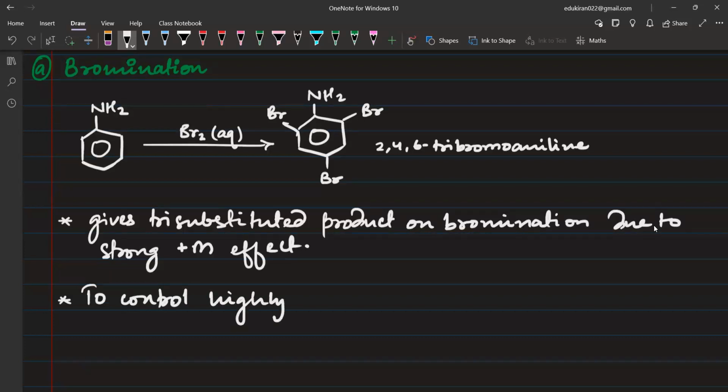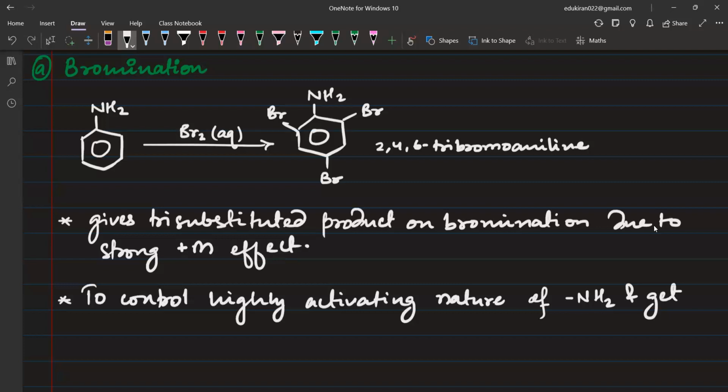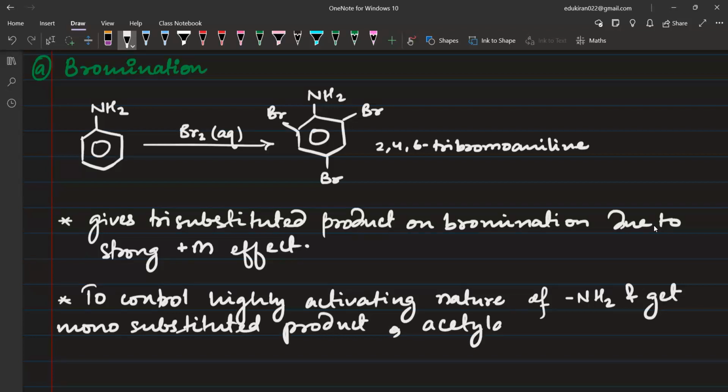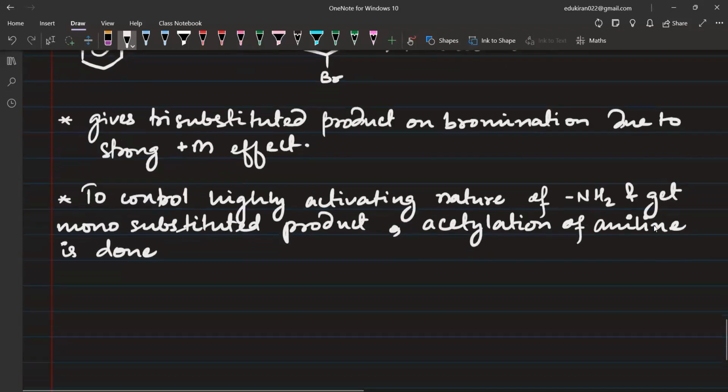highly activating nature of NH2 and get mono substituted product, acetylation of aniline is done, है ना.